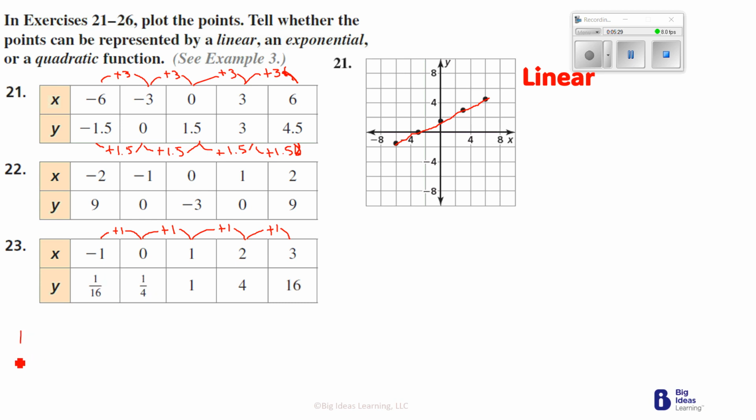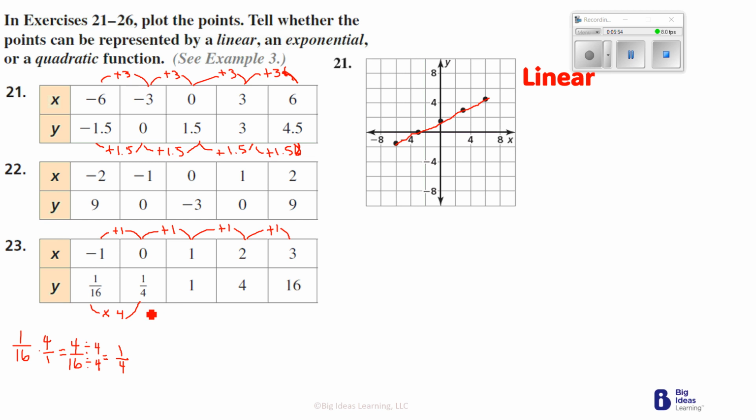Because if you multiply 1 over 16 by 4 over 1, that gives you 4 over 16, and both can be divided by 4, giving us 1 over 4. So you can see why this was multiplied by 4.